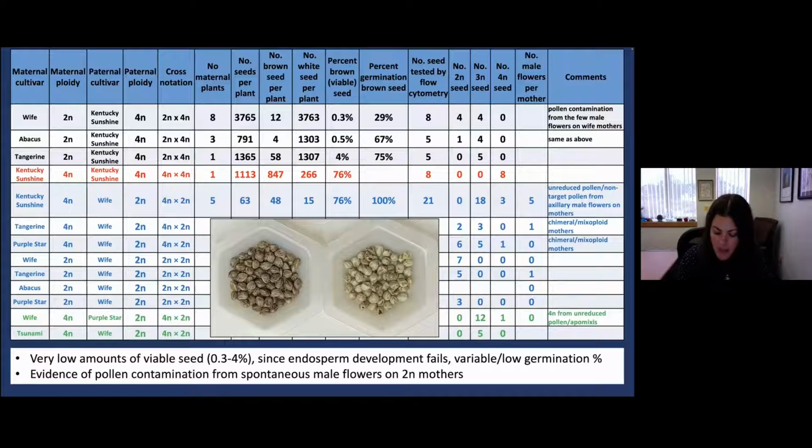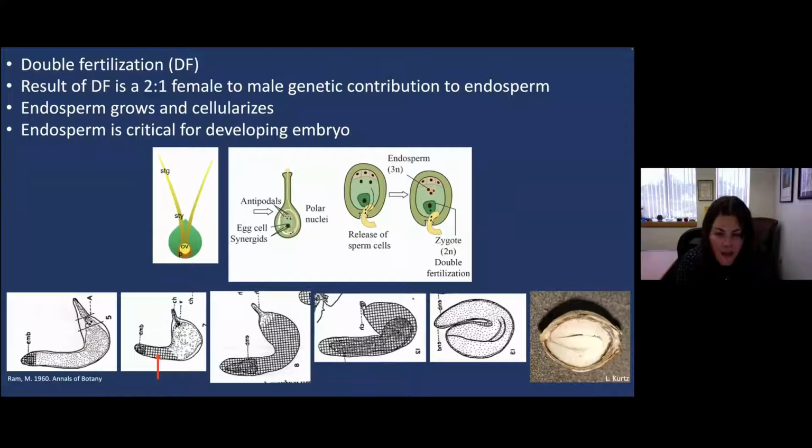In order for me to explain what I think is going on, I first need to explain to you what double fertilization is. Double fertilization is when the pollen grain lands on the stigmatic surface, it builds a pollen tube, and the generative nucleus falls into the pollen tube, and that forms two sperm, two haploid or N sperm.